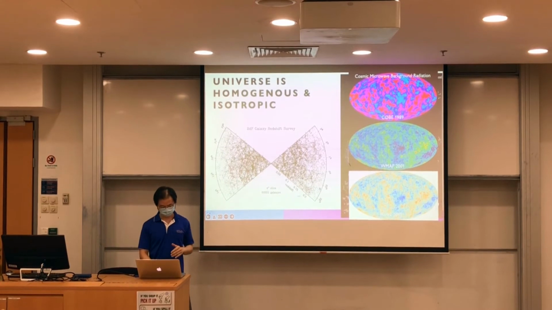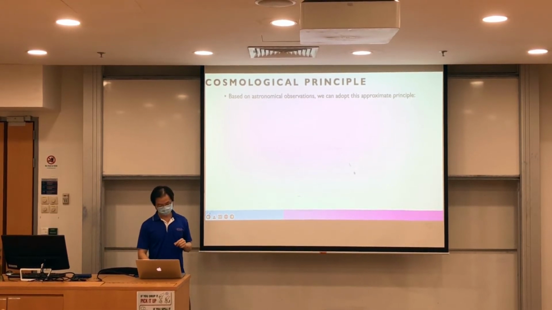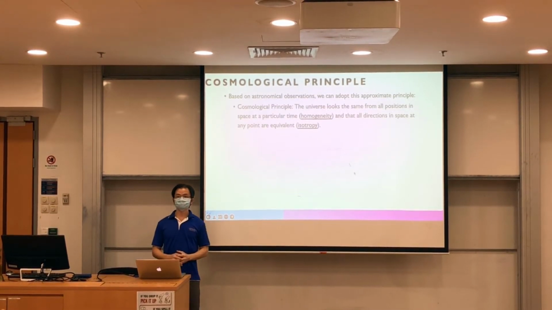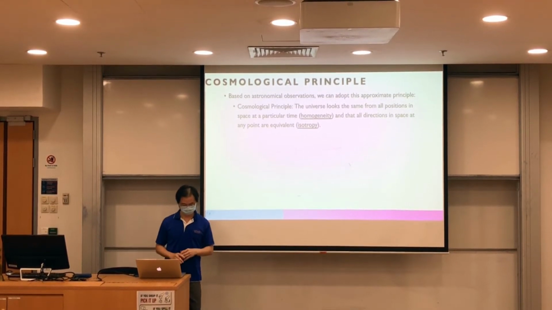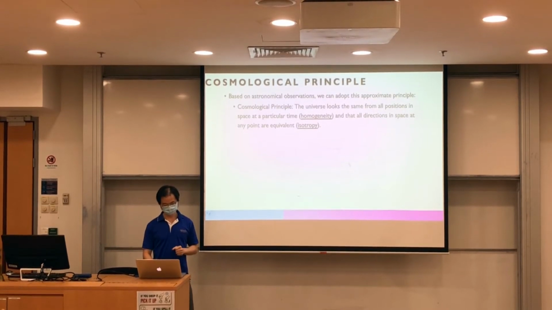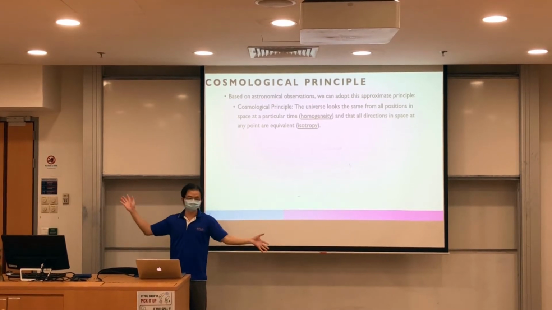So now we come to the actual meanings of these terms. Based on the observations I showed you just now, we can come to this statement or assumption to use. The universe is homogeneous, meaning it looks the same from any point in the universe. That means I stand at this galaxy, I look all around me, it looks homogeneous.